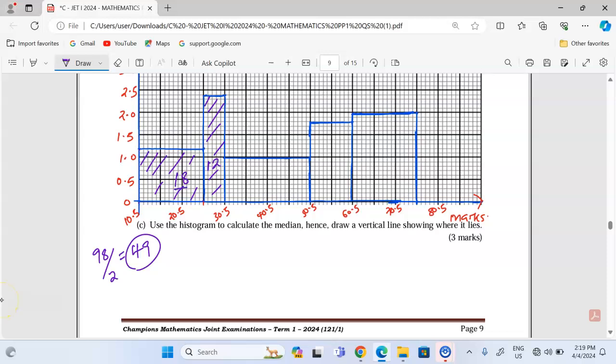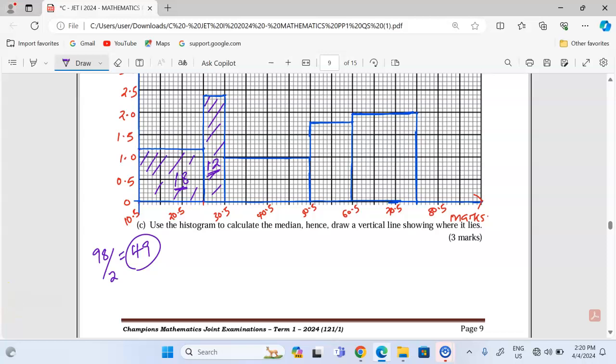When we consider the first, we have 18, then this is 12. Now we are at 30. The whole of the third bar, with a height of 1 and an interval of 20, gives us 20 students. And 30 plus 20 will take us to 50.